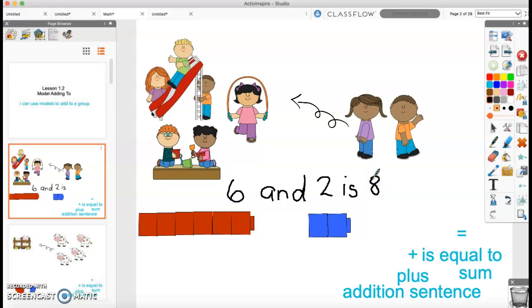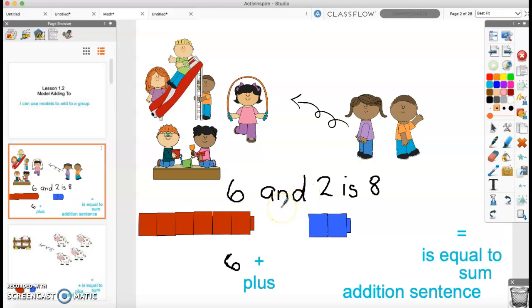Now, when I do this, I can also make an addition sentence, and I don't have to use the words and and is. I can use some symbols to write it. I could write that I have 6 kids on the playground, plus. And and plus mean the same thing.